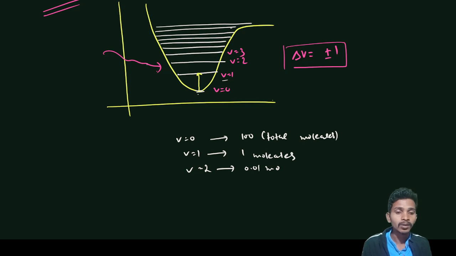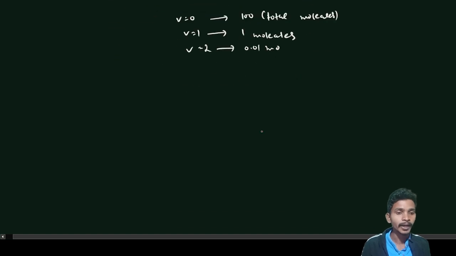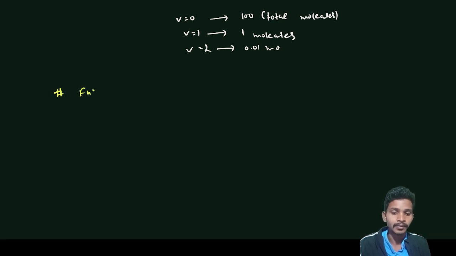So although the radiation can take v equal to 0, v equal to 1, v equal to 2 equally, the transitions will be high from v equal to 0, because a huge number of molecules are there. According to that, we can say these are the fundamental vibrations.